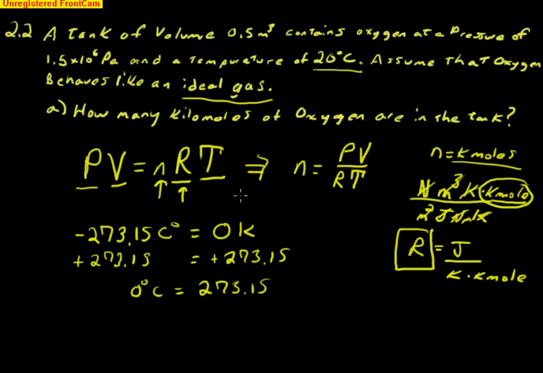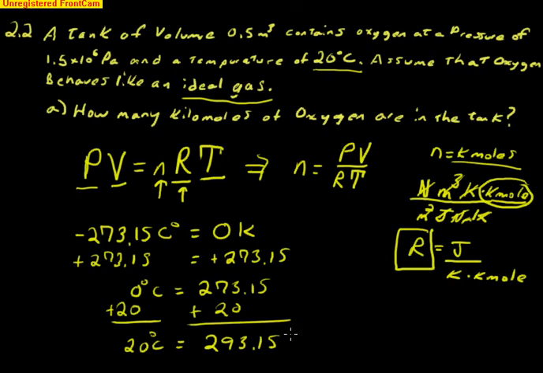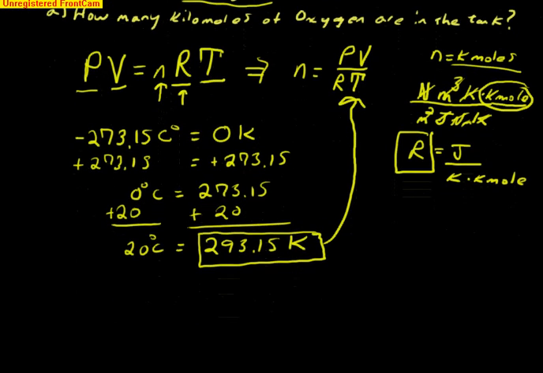We know we want 20 degrees Celsius, so I'm just going to add 20 degrees Celsius to both sides, which gives us our conversion: 20 degrees Celsius is equal to 293.15, not degrees, just Kelvin. So that gives us our last correct dimension to plug into our formula for our temperature. Now I'm going to scroll down and actually do some of the calculations here.